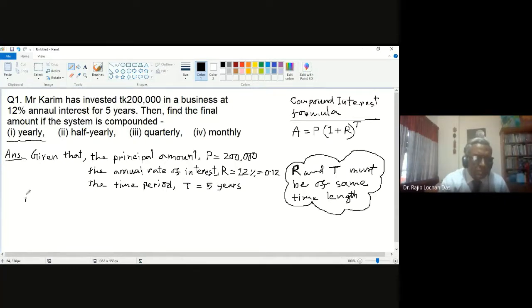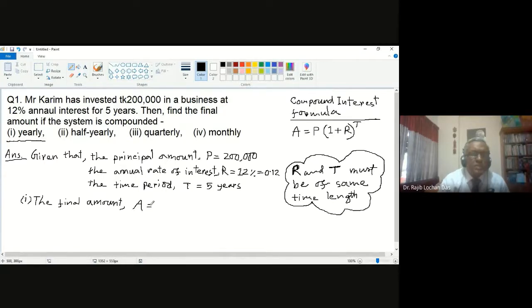So if we answer the question number 1, then we will apply the formula directly. The final amount will come. This is the final amount formula. This will come automatically. It is just direct calculation and very simple. The formula we already know.